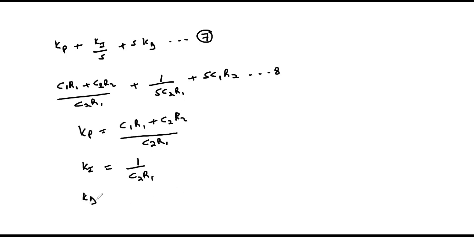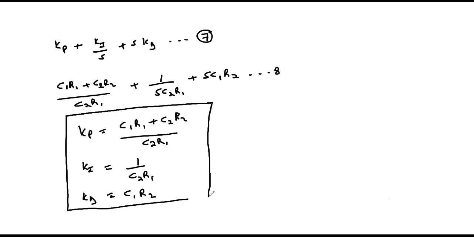And finally, Kd, we compare the term that has S, and our Kd will be equal to C1 R2. And using the operational amplifier network given, we are able to implement the PID controller with the constants Kp, Ki, and Kd given as demonstrated in these 3 equations.